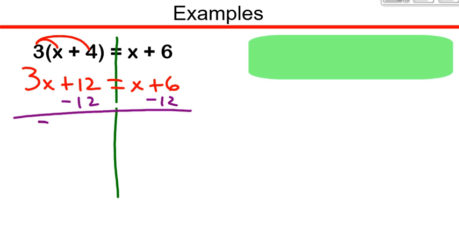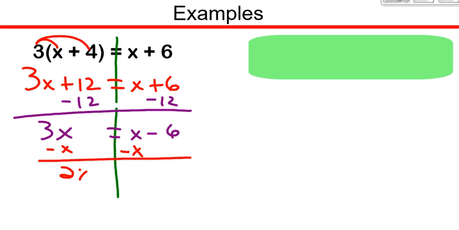That will leave me with 3x on this side equals x minus 6 on this side. All right, then I'm going to have to subtract x because that's a positive x. I want the x's to go away. That will leave me with 2x over here equals negative 6. And make sure that negative travels with the 6. They go together. Then I'm going to divide by 2. And my final answer will be x equals negative 3.